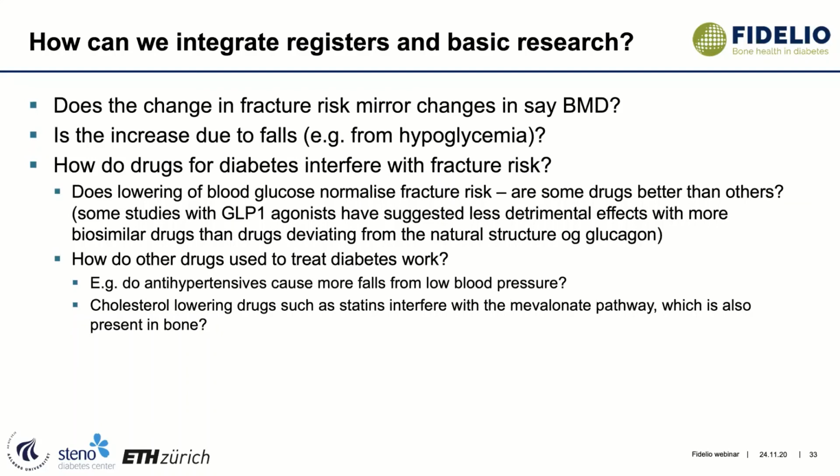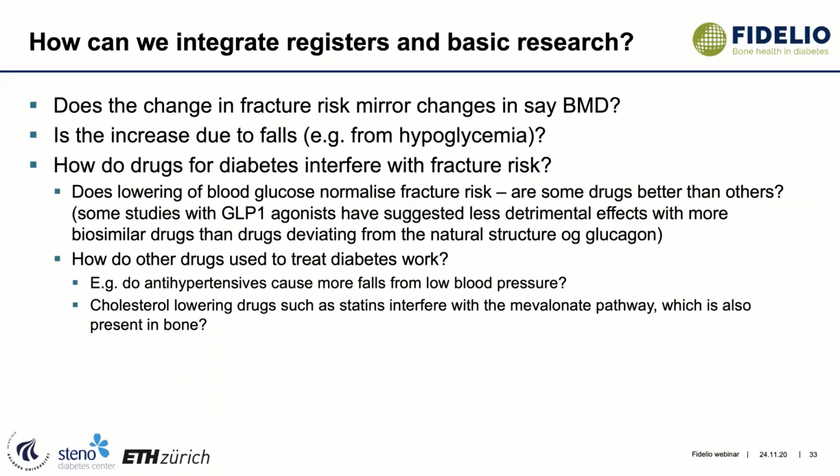We can also go into the registers and examine that. Did they have hypoglycemia episodes that led at least to a hospital contact prior to the fractures? Yes, it explains some, but only a minor proportion of the increased fracture risk. So some of it is hypoglycemia, although not all of it. Some of it is poor bone strength.